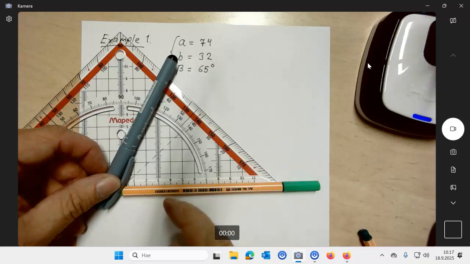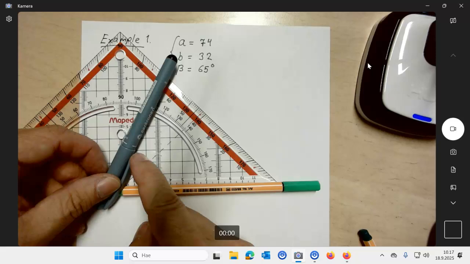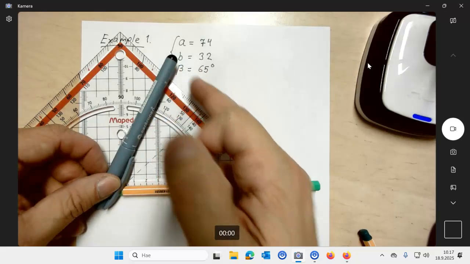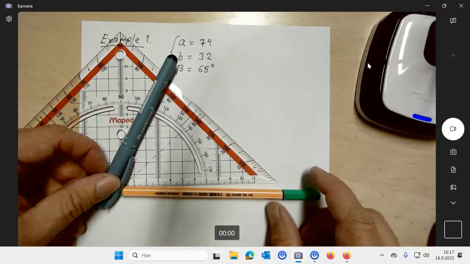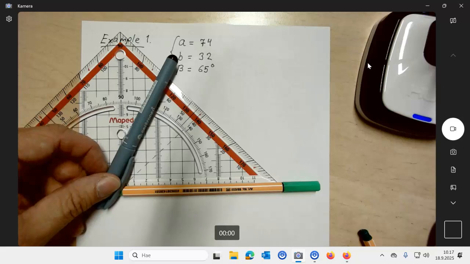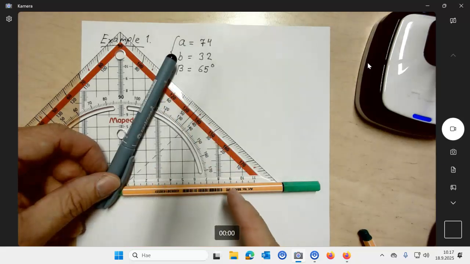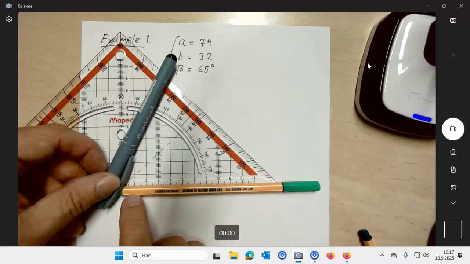And if this is beta, so B should be here in the opposite of that. So maybe I will make this problem so that the A is this side here and B is this side here, and I would draw A which is 74 millimeters and B should be.